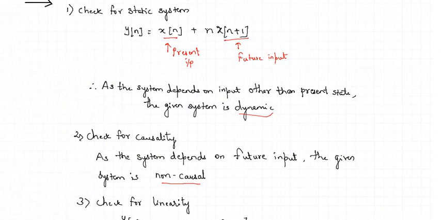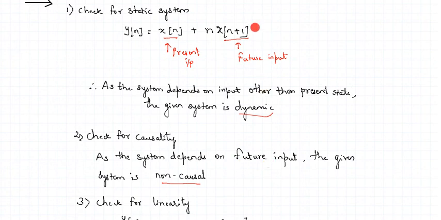Check for causality. So what is a causal system? If the output of the system depends only on present and past values of the input, with no dependency on future values of the input, then the system becomes causal. But here what do we observe? The output of the system is dependent on future input.